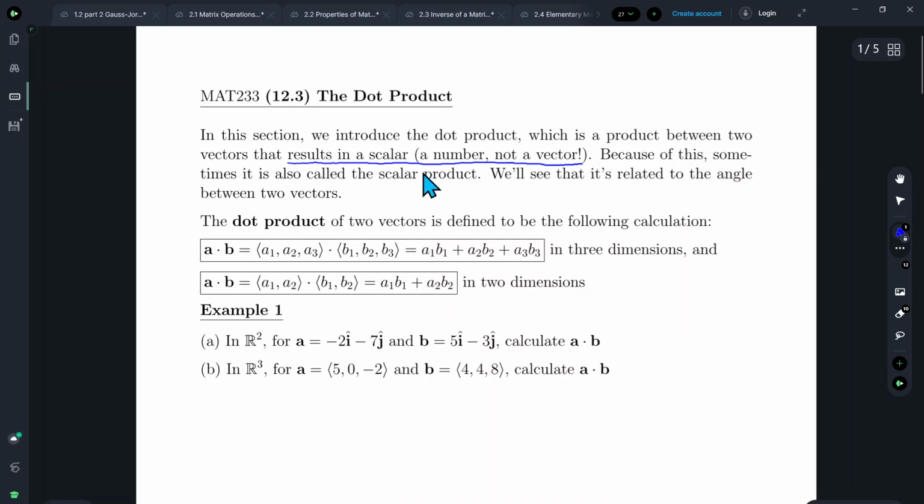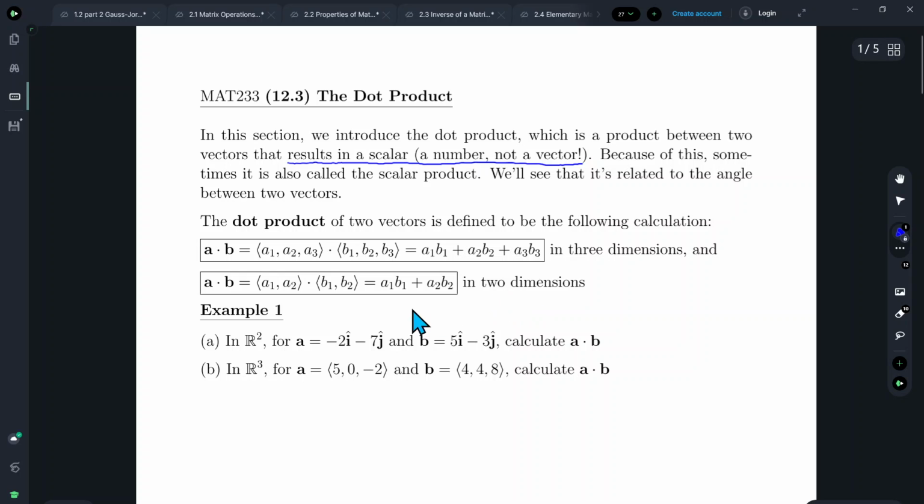So basically, the calculation is given here. Whether you're in 3 dimensions or 2 dimensions, the way the calculation goes is you multiply all the corresponding components: A1 times B1, A2 times B2, A3 times B3. However, you don't write that as a vector. What you do is you add those multiplications together, and the result of this is just a single number.